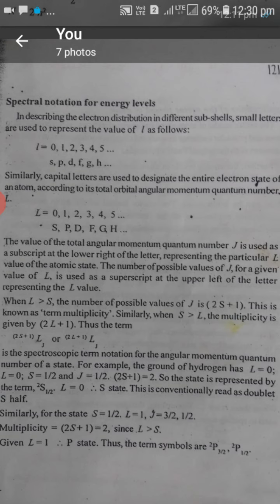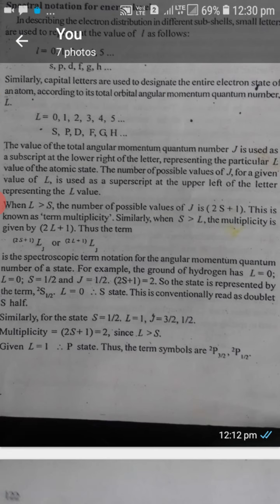For example, consider hydrogen gas. It has L equal to 0 and spin equal to half. Here we know J equals L plus S, that is 0 plus 1/2. Therefore J equals 1/2.